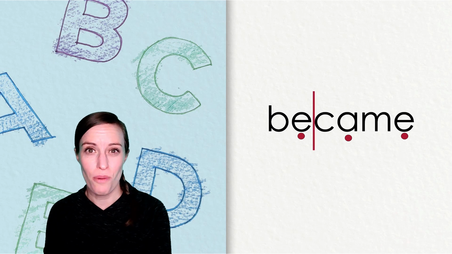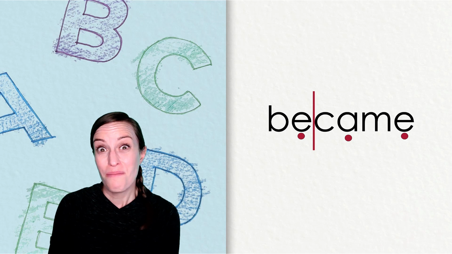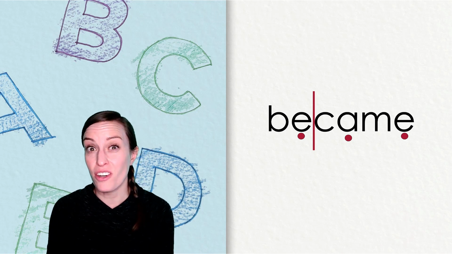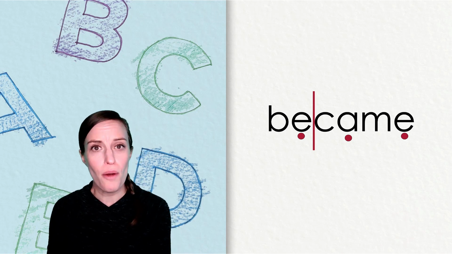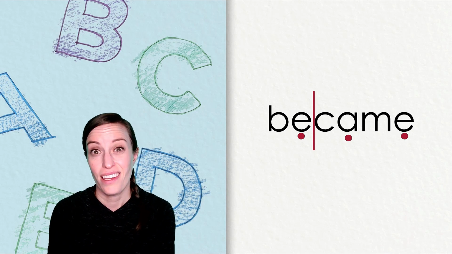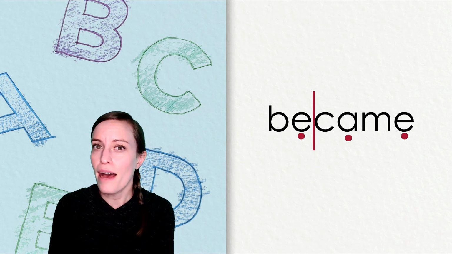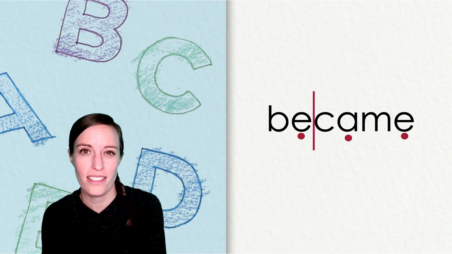We divide this word into syllables right after the first vowel because I noticed that the first syllable is actually a word that we know. It is the word be. This must be a compound word. That's a word that's made up of two smaller words.